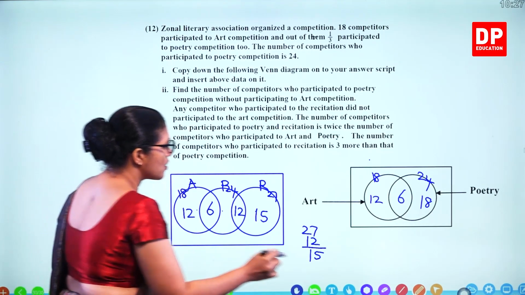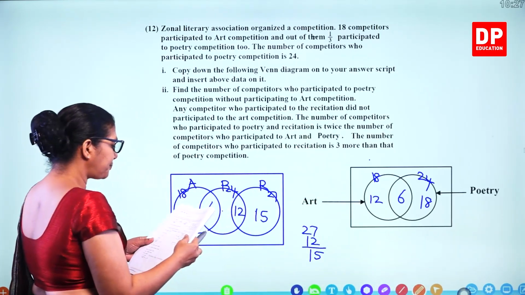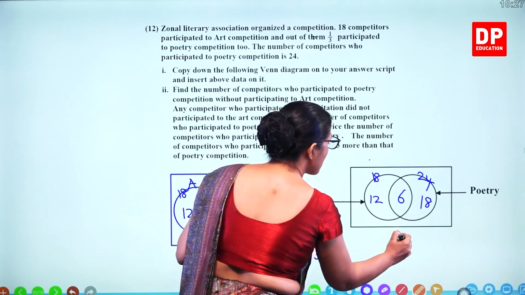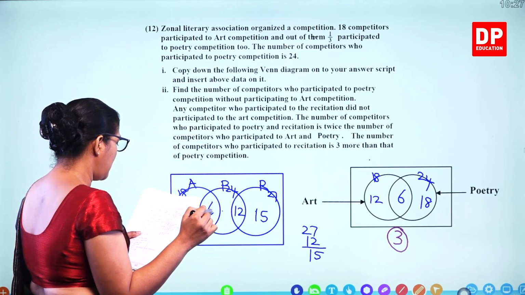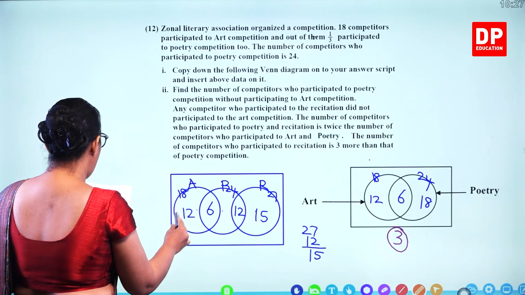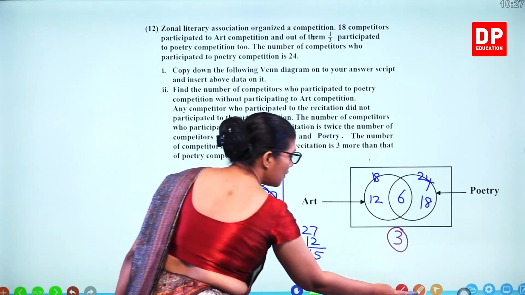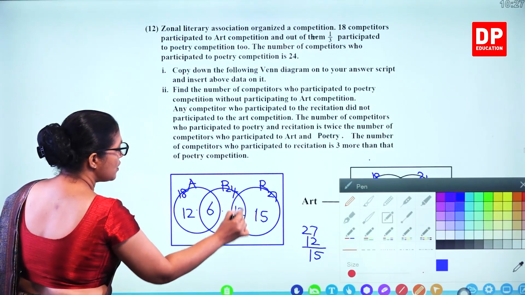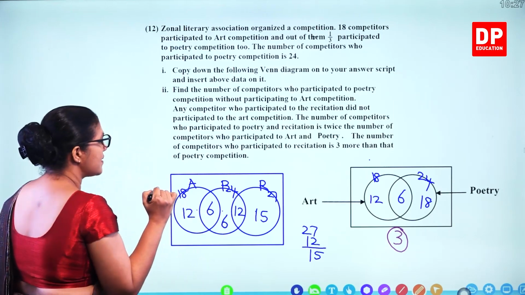So how many marks for this new diagram? So 12, 6, 18. So you get 3 marks for the previous one. And for the new diagram, 12, 6. And we have to find out this value. We forgot. 24 minus 12, 12, 12 minus 6, that's 6.